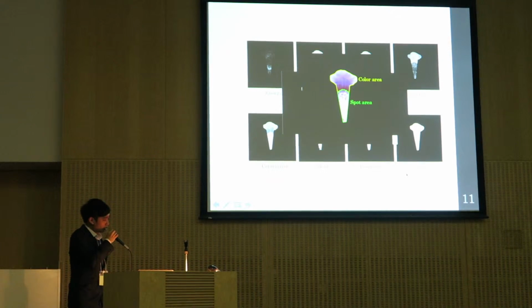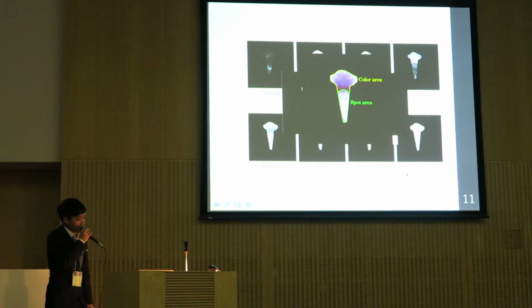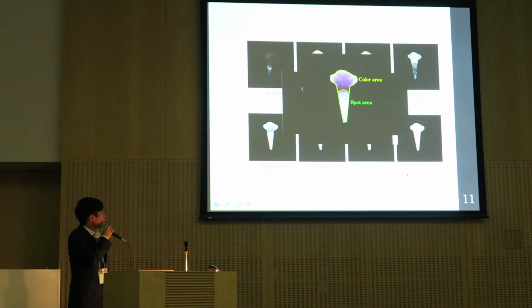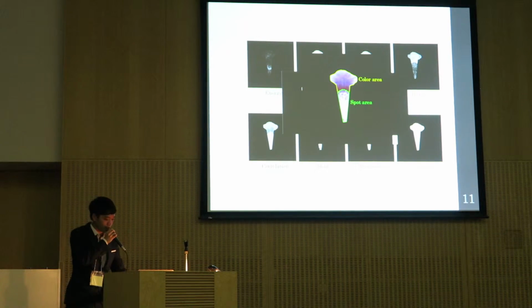And then the Otsu thresholding method was used to segment the spot area. And the color area is the complement to the spot area. So we can figure out the color area and spot area here.